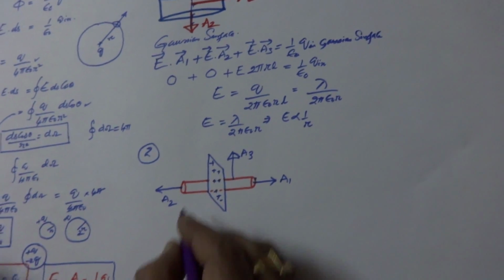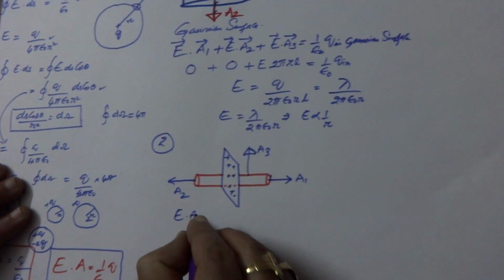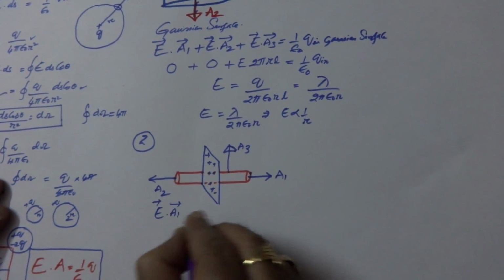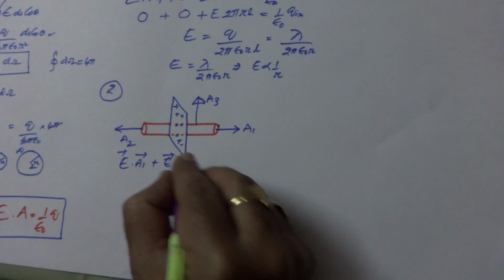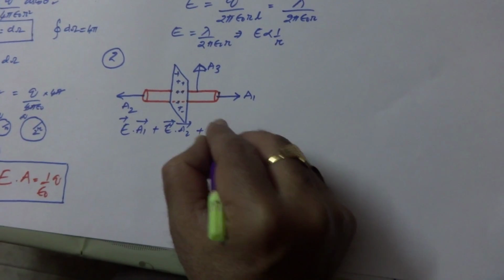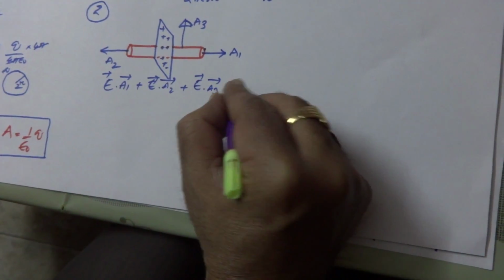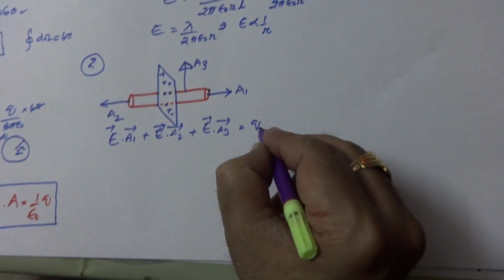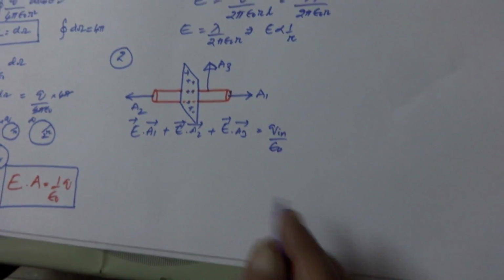Now here again we will write the same step, E dot A1 plus E dot A2 plus E dot A3 is equal to the charge within the Gaussian surface by epsilon 0.